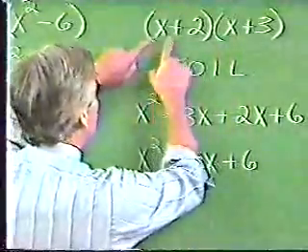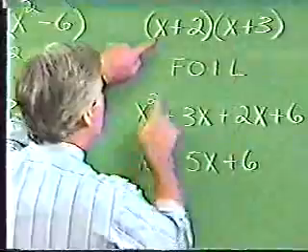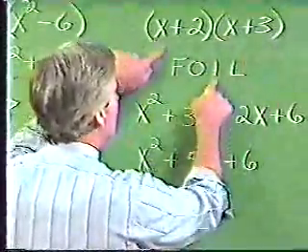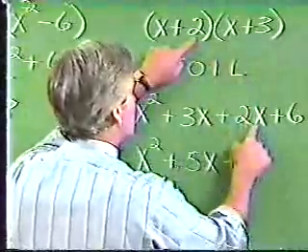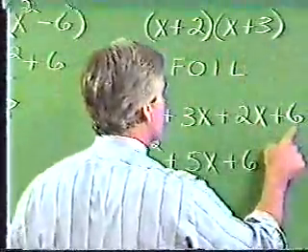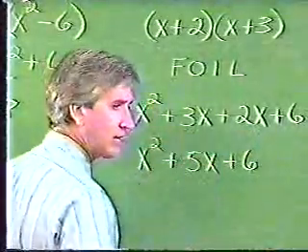At any rate, first means first times first. X times x, x squared. The outer ones, x times 3, 3x. The inner ones would be 2 times x, 2x. And the last ones, 2 times 3, 6. Now notice that the 3x and 2x are brought together to give 5x.